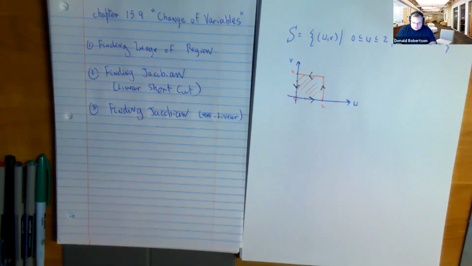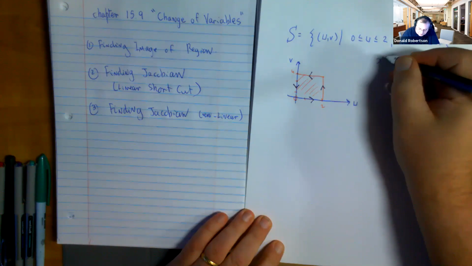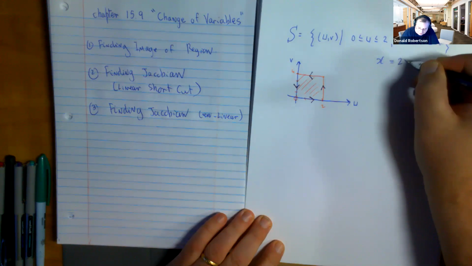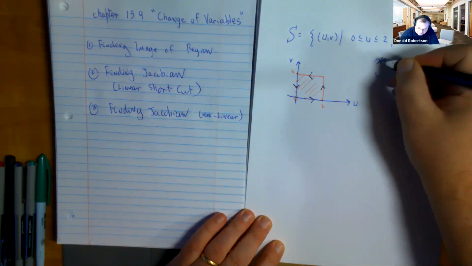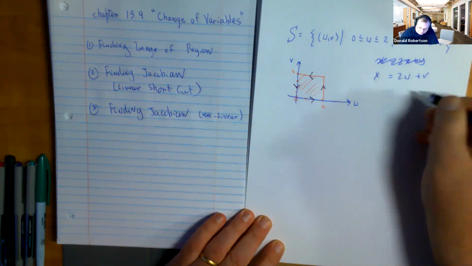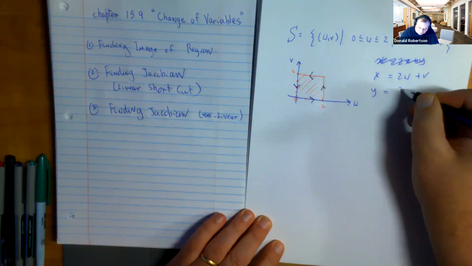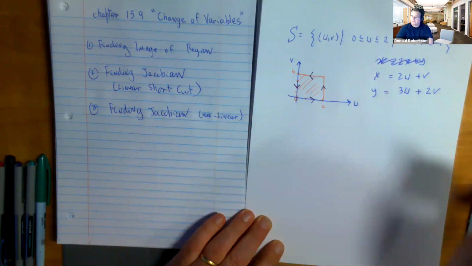Now, suppose I have a change of variable. Suppose I tell you that x equals 2u plus v, and that y equals 3u plus 2v.